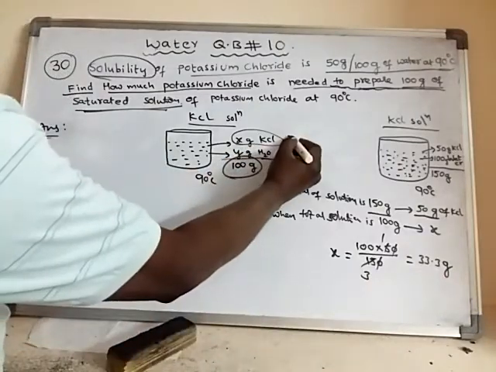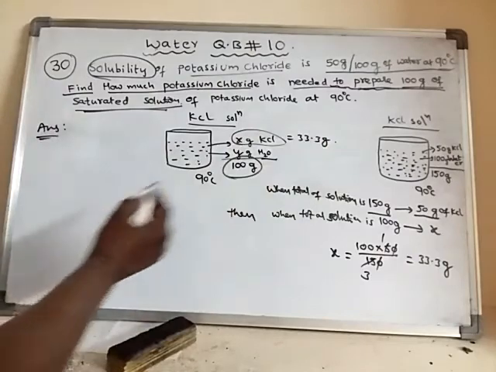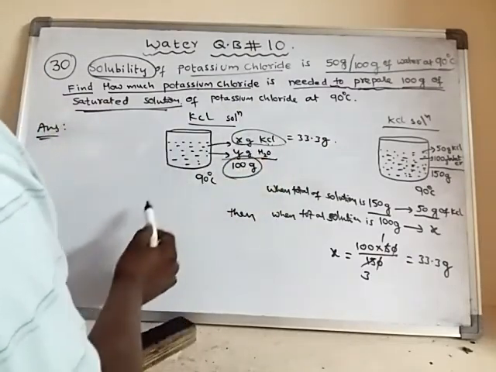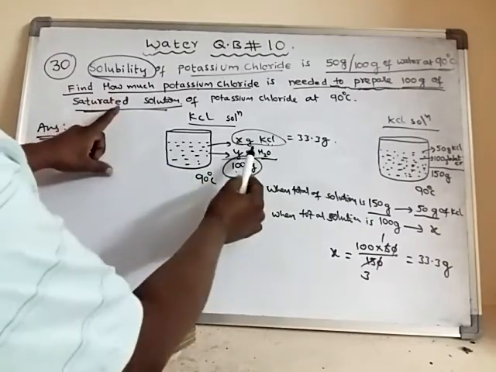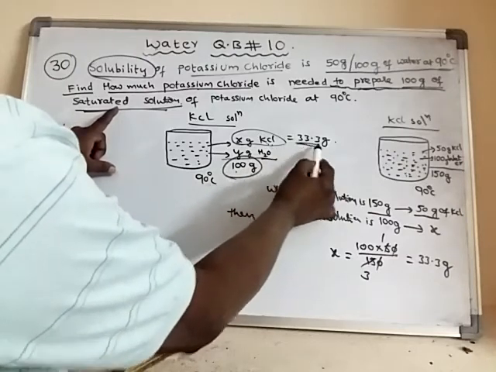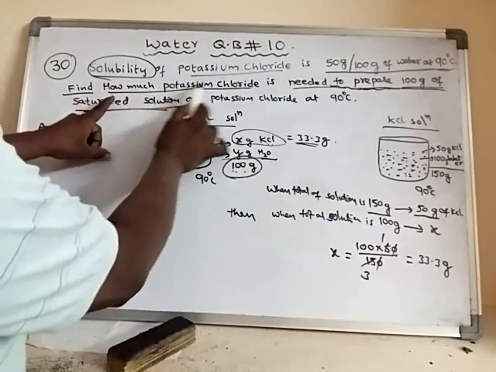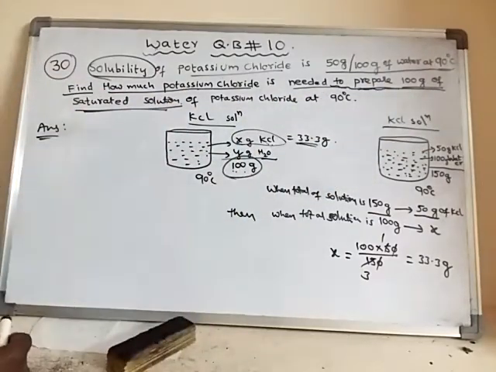So we have to find how much potassium chloride is needed to prepare 100 grams of saturated solution.